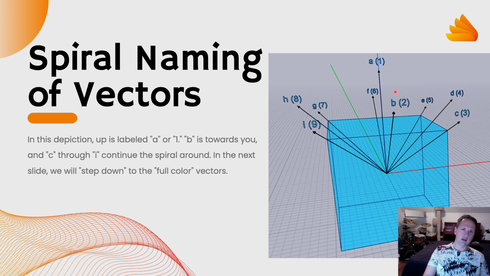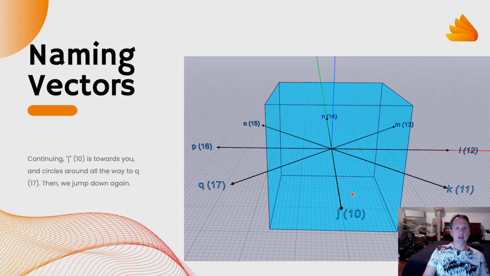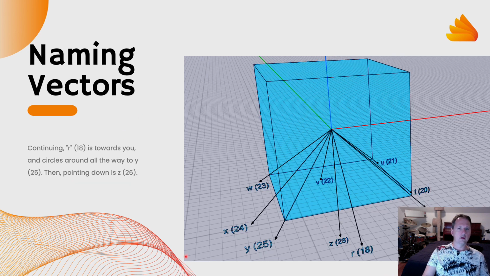C, D, E, F, going up and backwards, G, H, I, and then jump down, J, K, L, M, N, O, P, Q. Again, the J is the forwards direction facing you. And then facing you and down is R, S, T, U, V, W, X, Y, and then jumping straight down is Z, or 26.